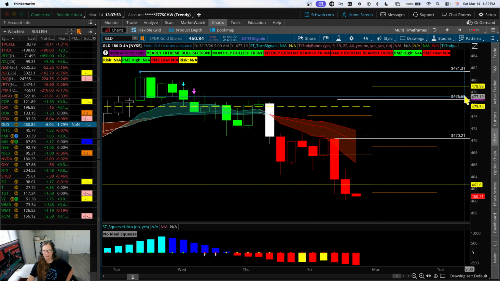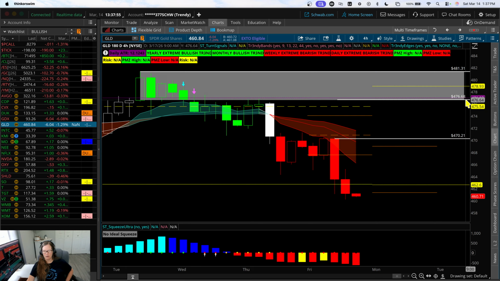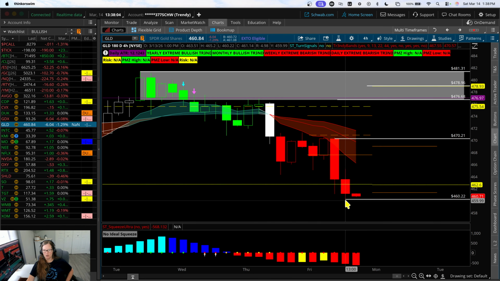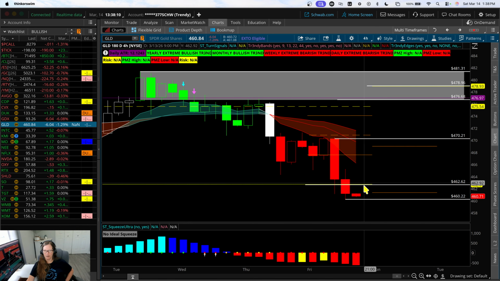So again, for gold, just trading it based on the trendy edges. I'm looking to buy a dip. You could use a day trading type chart or this higher time frame chart, but I would like to see a higher low and a break above to go long, trimming and target.